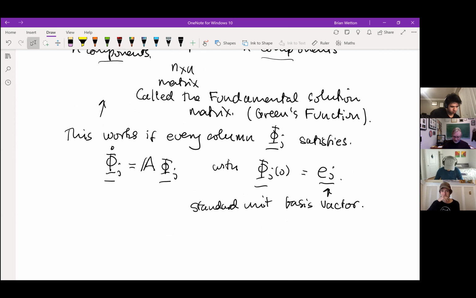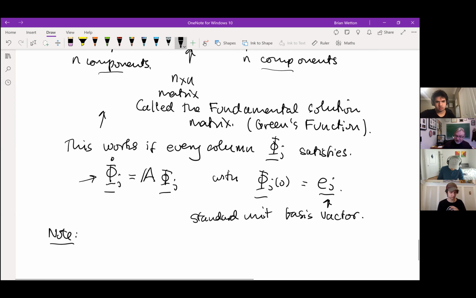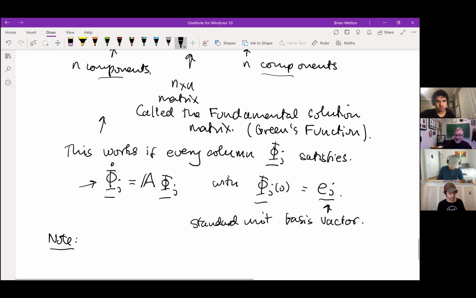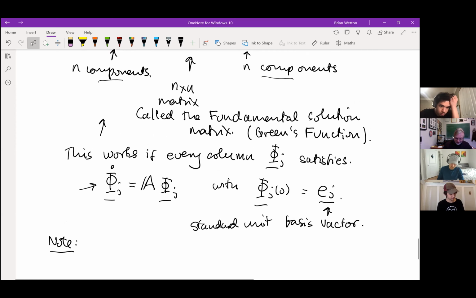Okay, well, so let's note. Right, okay, well, solutions to these problems are unique and guaranteed to exist. So I can solve for each of these columns of this matrix.